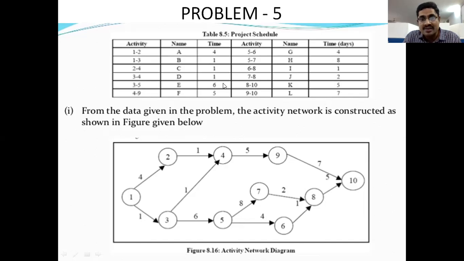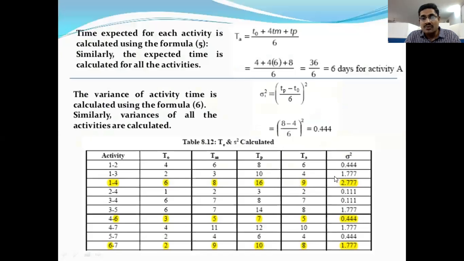Suppose for activity 3 to 5 we have 6 hours. We just mention this 6 hours of time in between these 2 nodes, right? And in the same way, we find these types of timings.